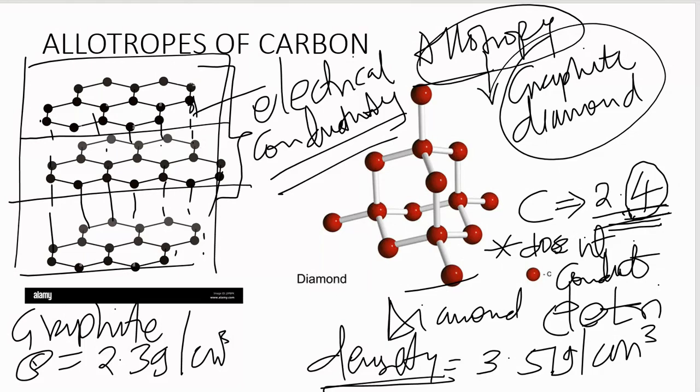Talking of the melting and boiling points of graphite, they are high and obvious because of the covalent bonds formed. But can you compare it with that of diamond? You will do that, learner. So it has covalent bonds between the atoms in its layers, and thus it has a high boiling point.